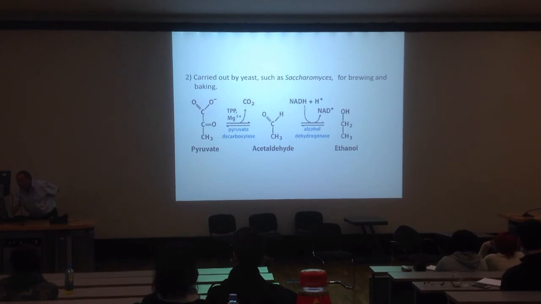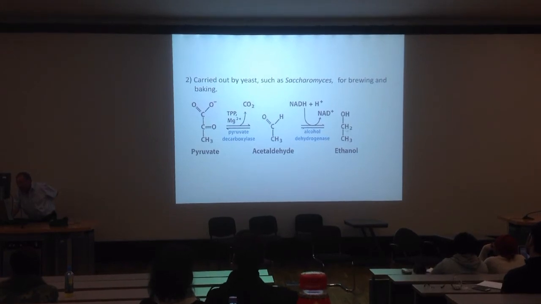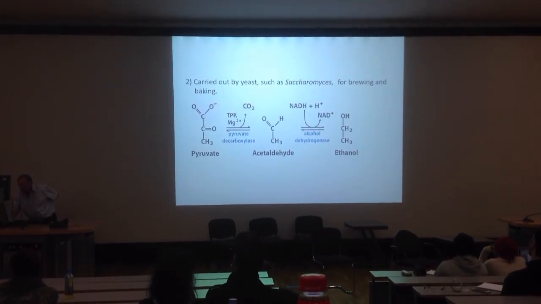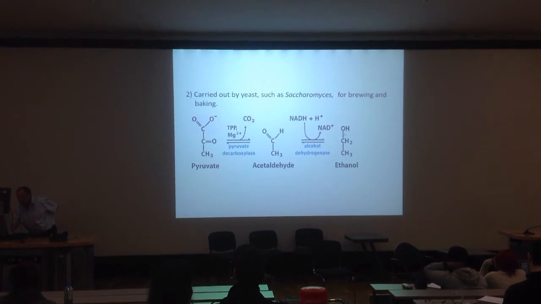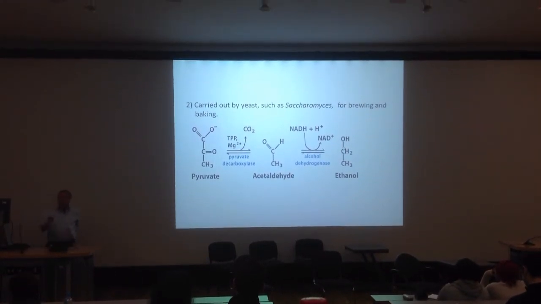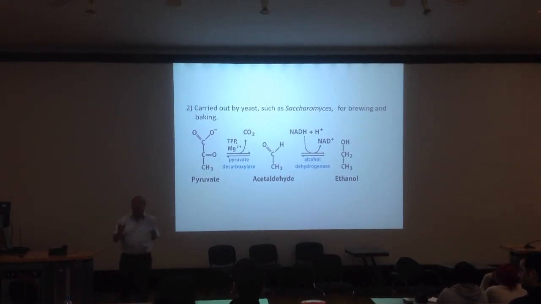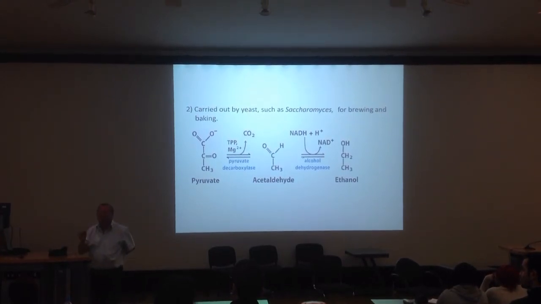Then again, we use up NADH to form NAD, and we get the formation of ethanol there. CH3, CH2OH. But again, that C double bond O there has become that COH there. That's the bit where it's reduced. So you produce lactate, yeast produces ethanol.